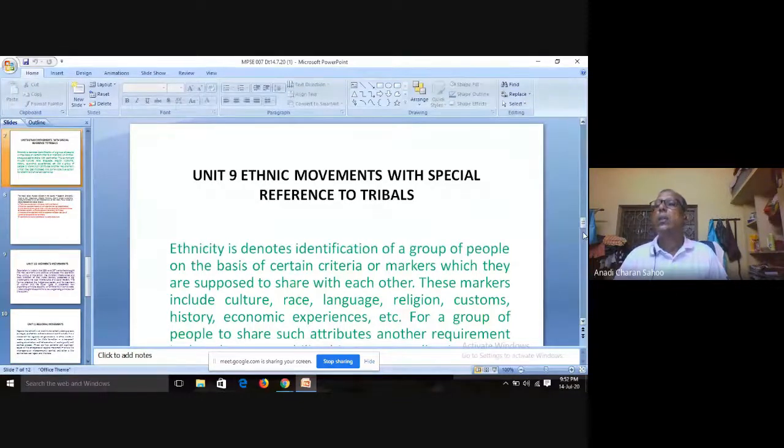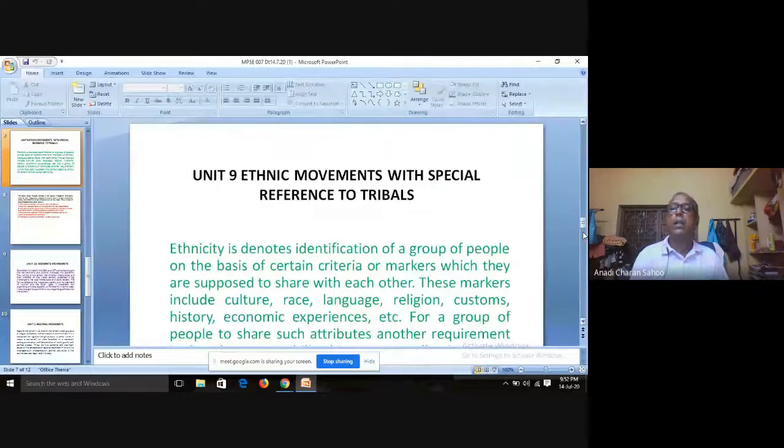Unlike the scheduled castes, there are differences among the scholars on the criteria to identify the tribals or the scheduled tribes. While the scheduled castes consist of the erstwhile untouchable castes placed in the lowest rung of the Hindu society, the tribals follow multiple religions in the country.